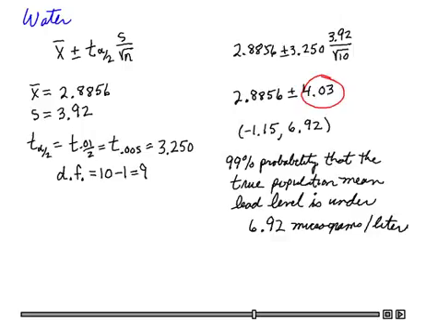So what that would say is that my 2.8856 average is an estimate of the population average. That population average then would be within 4.03 micrograms per liter of that value. I want to get an estimate so that I'm within 0.5 micrograms per liter of the average.